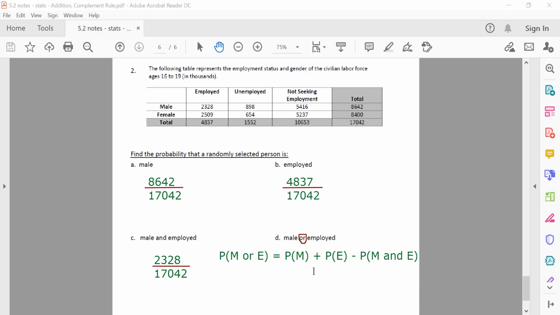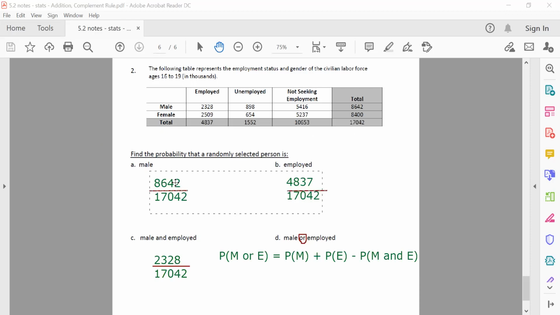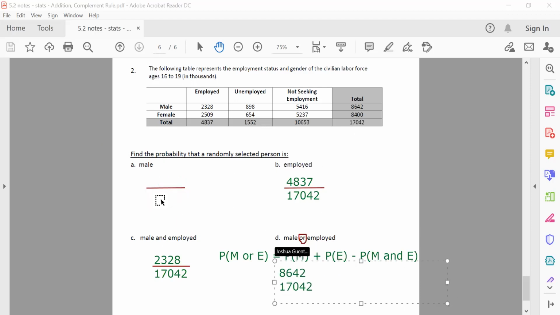Well, the nice thing is we've actually already constructed each of these individual pieces. The probability of being male is 8642 over 17,042. So look, I'm even just going to come steal it. Yoink. Wait a minute. It does not want to work with me. There we go.